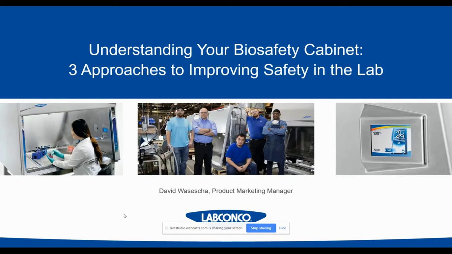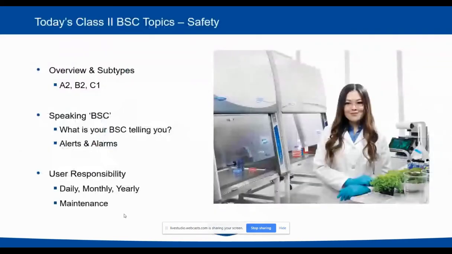We'll also look at some general practices that should be taken with biosafety cabinets on a daily basis, a weekly basis, monthly basis, and a lifetime basis to better prepare you for things that might come up with your biosafety cabinets over their lifetime. So just again, a quick highlight, we'll talk about the different biosafety cabinet types for Class II BSCs with a little bit of background on biosafety in general.